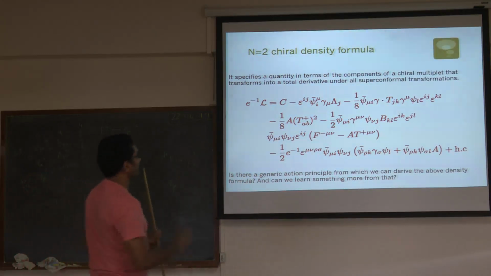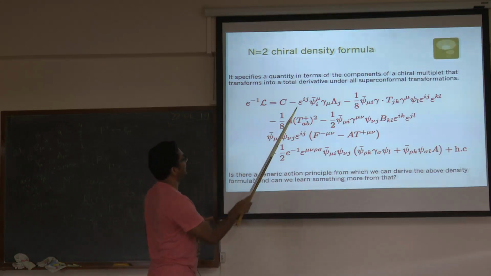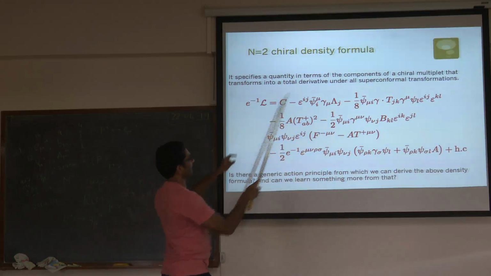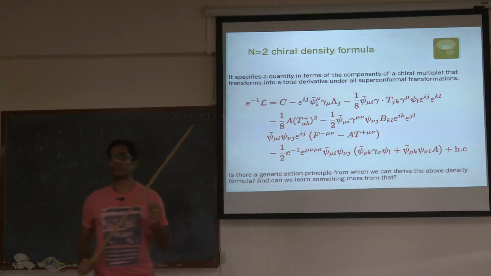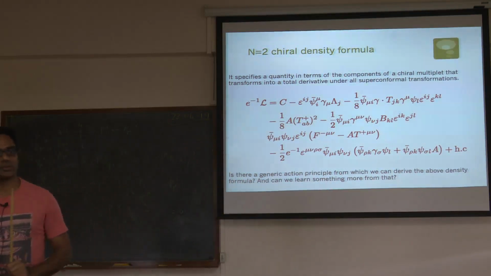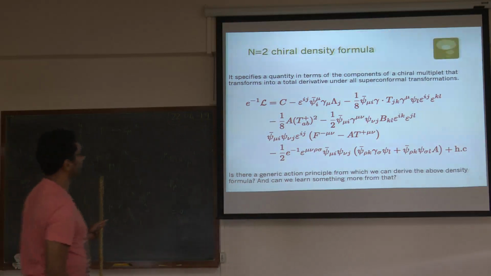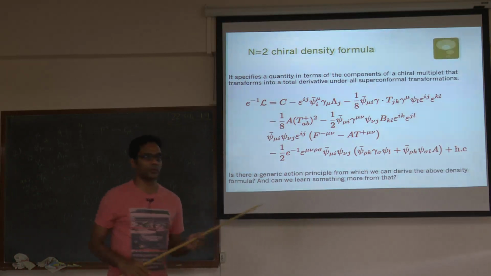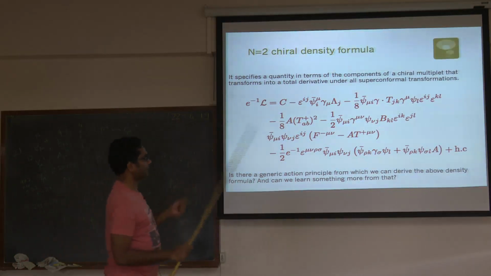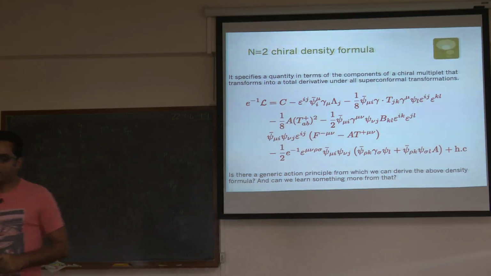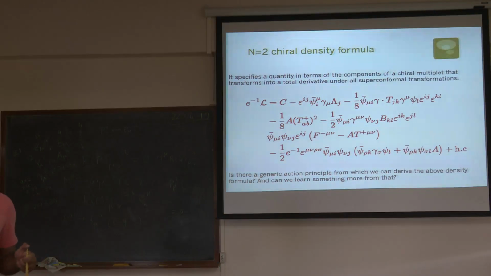So, then you have to systematically add terms proportional to the gravitino such that the whole thing becomes a total derivative under local supersymmetry and under other local superconformal transformations. So, that can be systematically approached and done, and this was in fact done using that approach, and one obtained this chiral density formula. Okay. So, which gives us a nice action involving the chiral multiplet coupled to conformal supergravity.